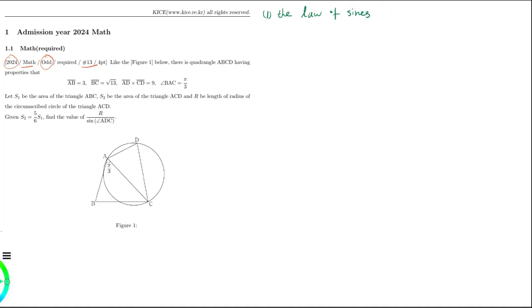This is a relationship between a triangle, let's call it A, B, and C, and its circumscribed circle. For instance, let me go directly into the problem. In this case, the length of side line segment BC is square root of 13.